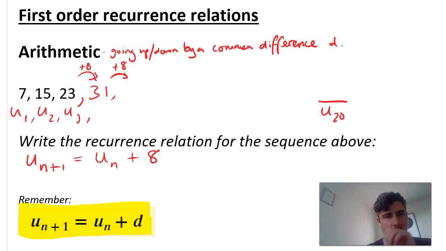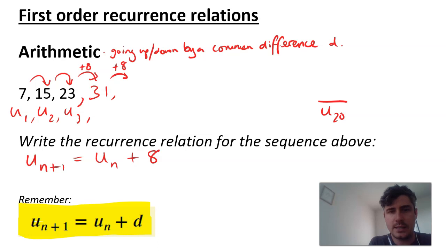I want you to just pause the video for a second and see if you can work out what U20 equals. Most of you would have worked out that you need to add 8 on a certain number of times. And if it's 20 times, then you should have worked out that you need to add 19 more times, because you're already starting with the first number in the sequence. So you need to go 19 more steps along.